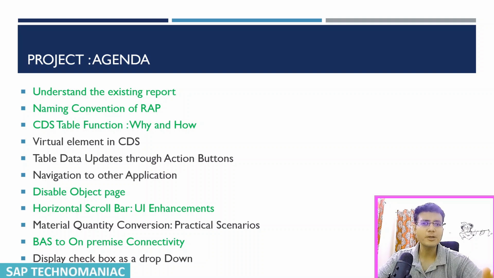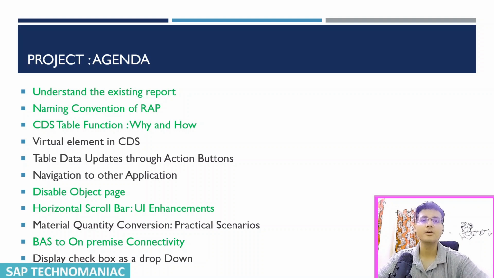This is part of this particular real-time ABAP application, which is converting ALV to the list report page. I understood the existing report which we want to convert. We saw how appropriately we can give the naming convention of the ABAP artifacts. We saw the CDS table function as well, and what all the real-time scenarios are where we have to create the CDS table function.